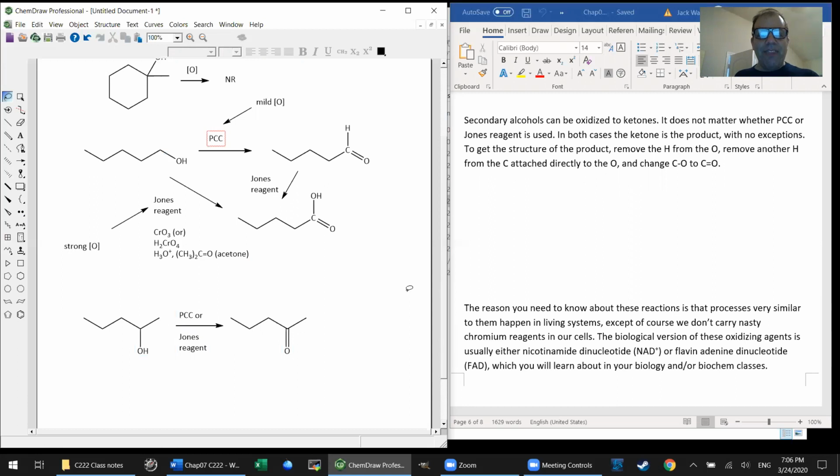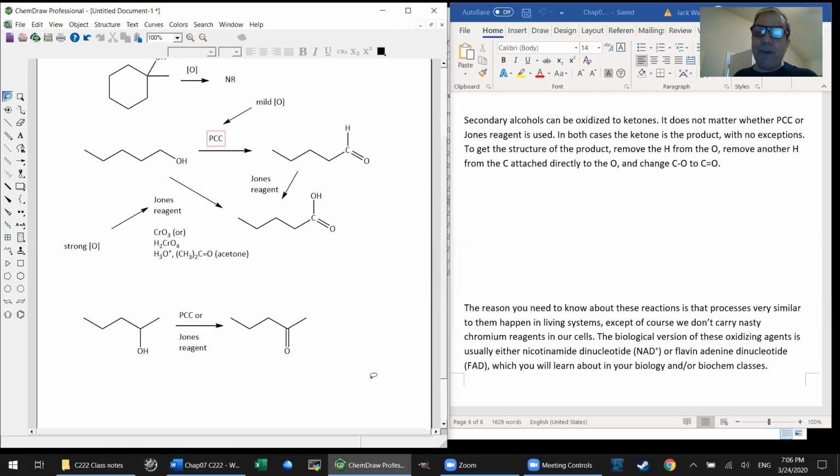And again, this type of redox chemistry is pretty important because you're going to run into it in your biology and biochem classes. Of course, we don't have chromium reagents floating around in our bloodstream. Chromium +6 is a bit carcinogenic. It's kind of nasty.